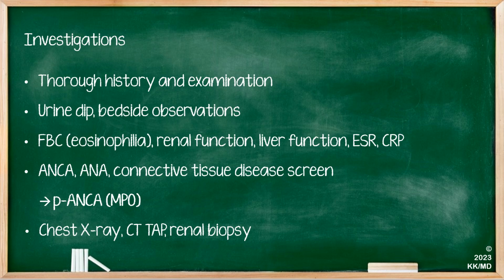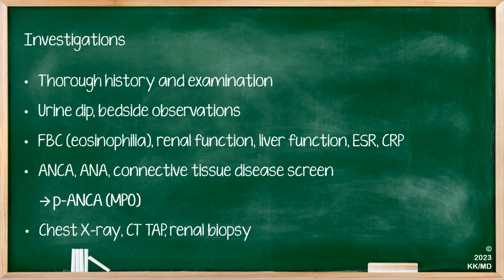In terms of autoimmune serology, we would be looking for an ANCA, but it's really important to do a full connective tissue disease screen and an ANA, as that does also fit within the differential diagnosis for this disease. And specifically, if we are diagnosing EGPA, we'll be looking for a P-ANCA in most cases, which is directed against MPO or myeloperoxidase.